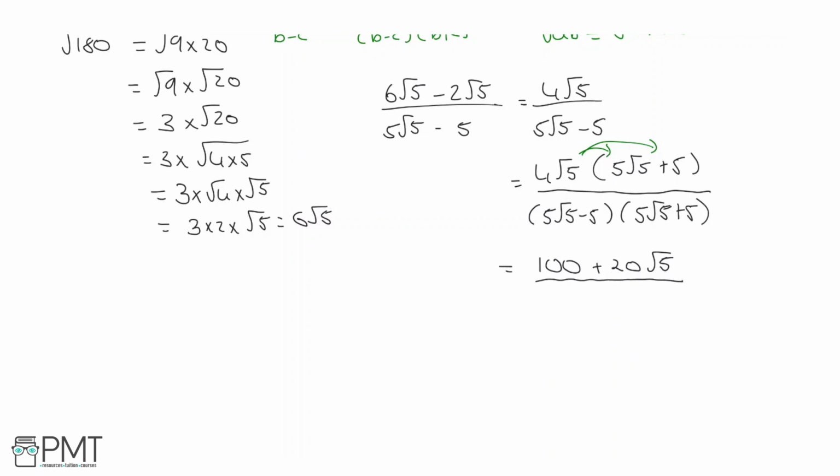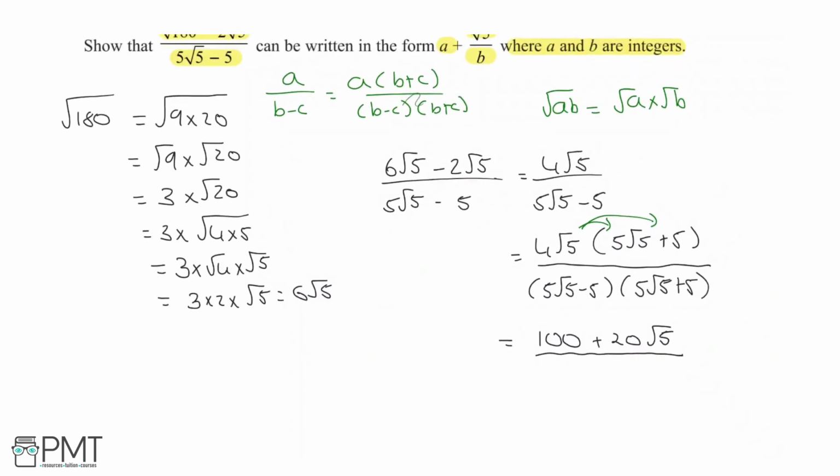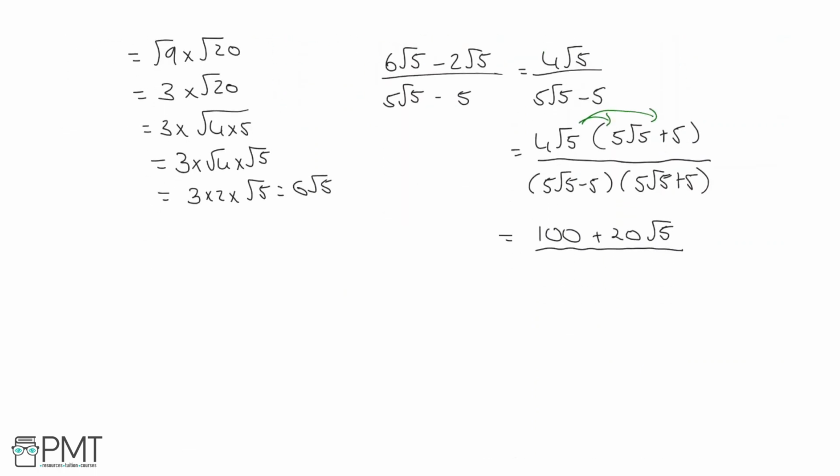This is a difference of two squares, and this rule says if you have b minus c times b plus c, this is the same as b squared minus c squared. So we will have 5 root 5 squared, which is 5 times 5, 25 times 5 is 125, minus 5 squared, which is 25. And this means we have 100 plus 20 root 5 over 100.